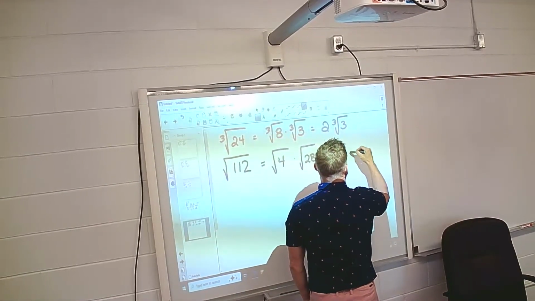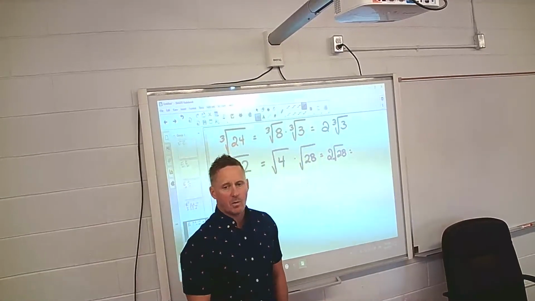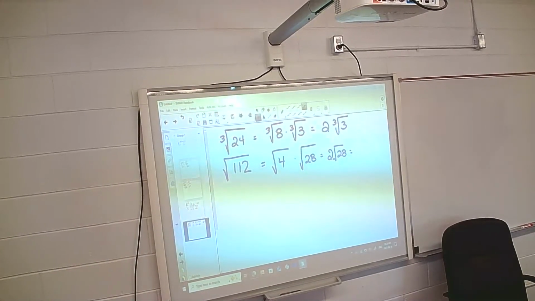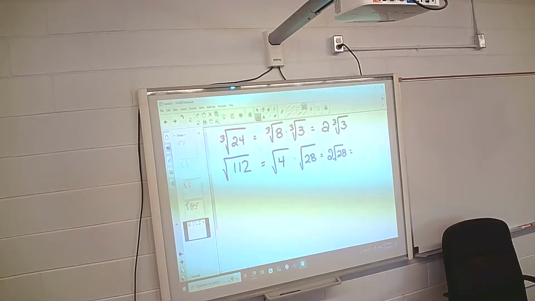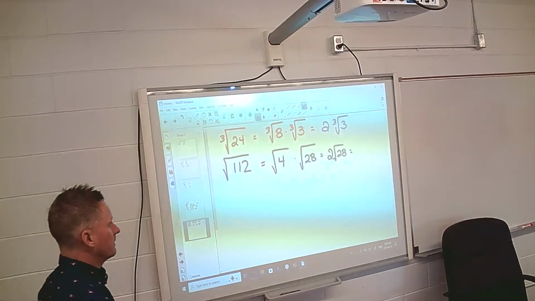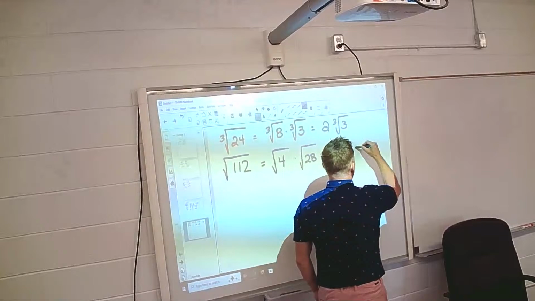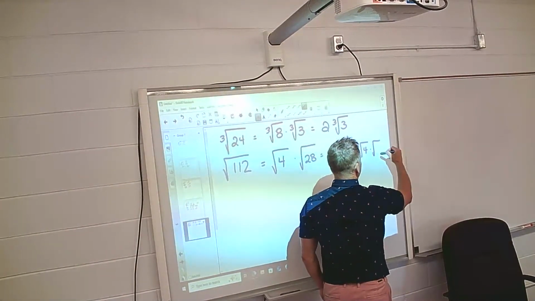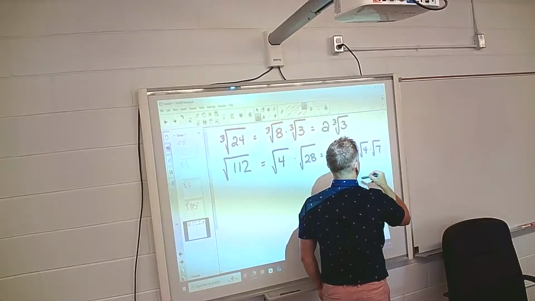What is the largest perfect square that goes into 28? 4? Yeah. How many times does 4 go into 28? 7.